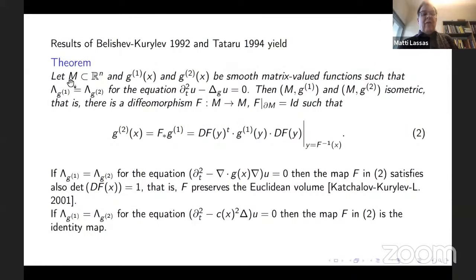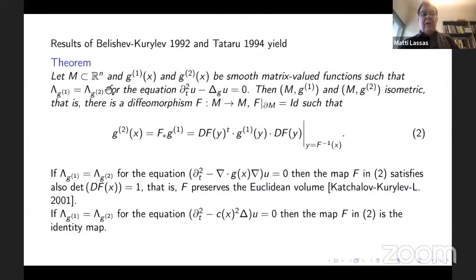Let's assume that we have a domain in R^n, an open set, and we have two matrix-valued wave speed functions. And then we consider the geometric wave equation with this Laplace operator, and assume that the boundary measurements are the same.